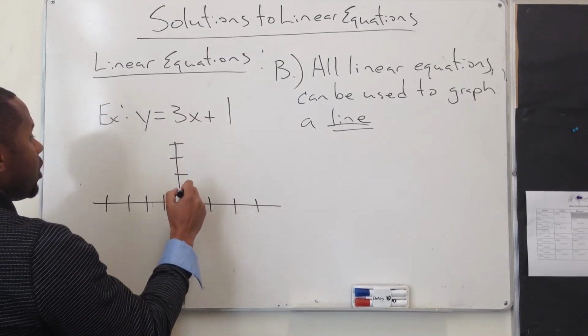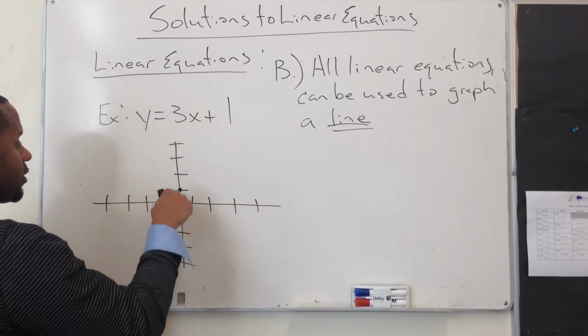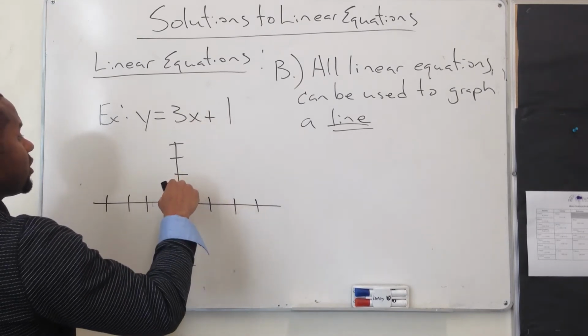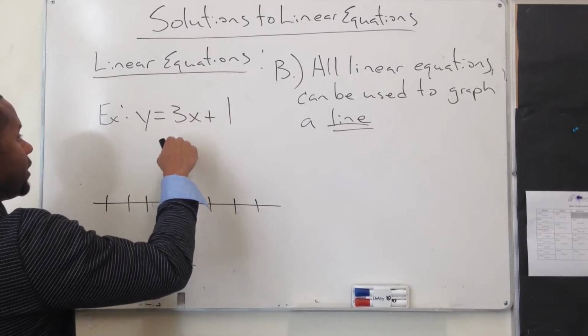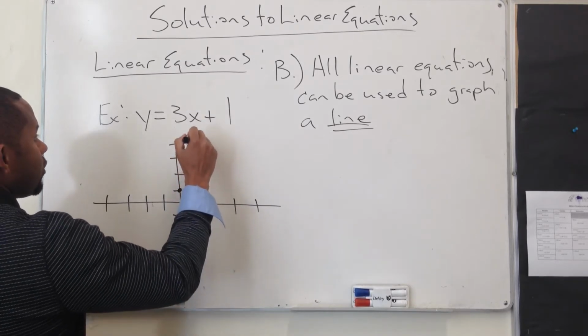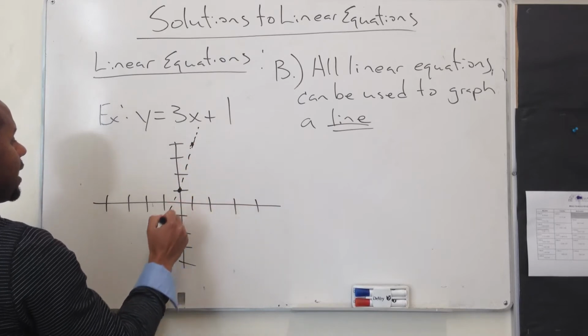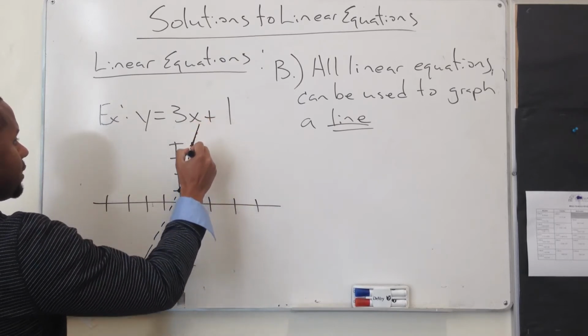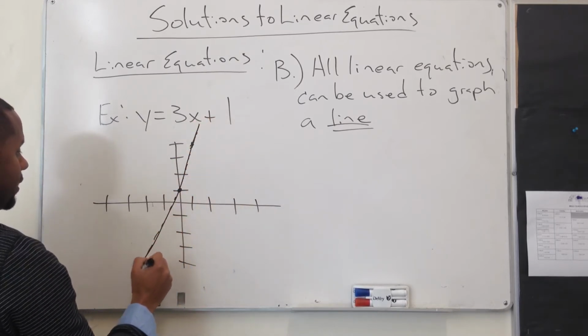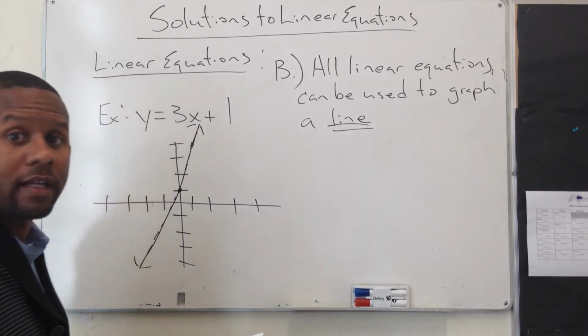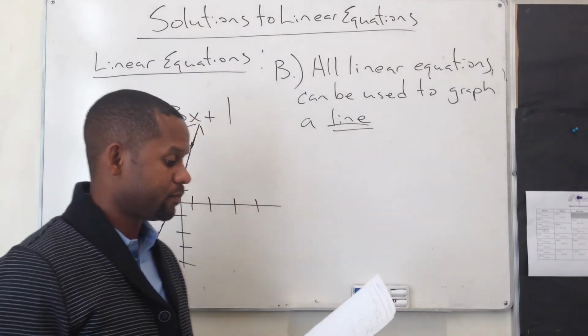So I go to 1 on my y-axis and put a point there, and I count my slope, it's 3 over 1, so I go up 3 and over 1. This line, actually I should make it dotted, comes directly from this equation. That's really important to understand.